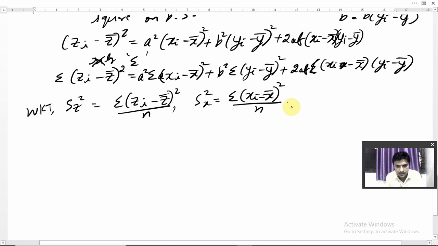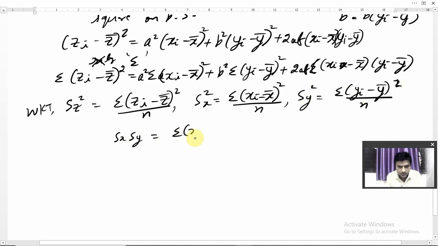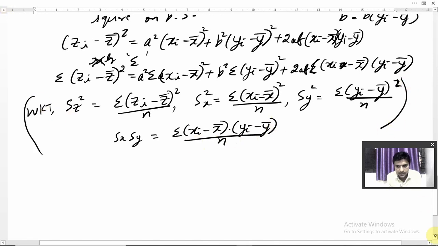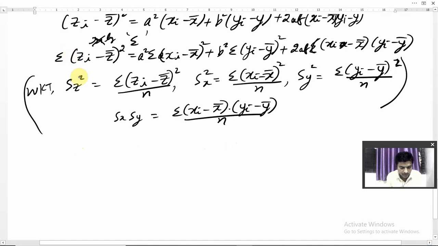Next, sy square is equal to summation (yi minus y bar) the whole square divided by n, and the last one is r sx sy, equal to summation (xi minus x bar) into (yi minus y bar) divided by n. So we must know this formula, friends. Then substitute in this equation.